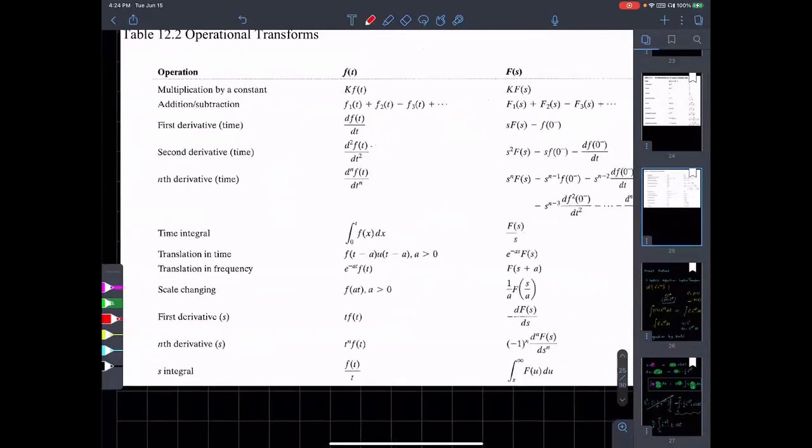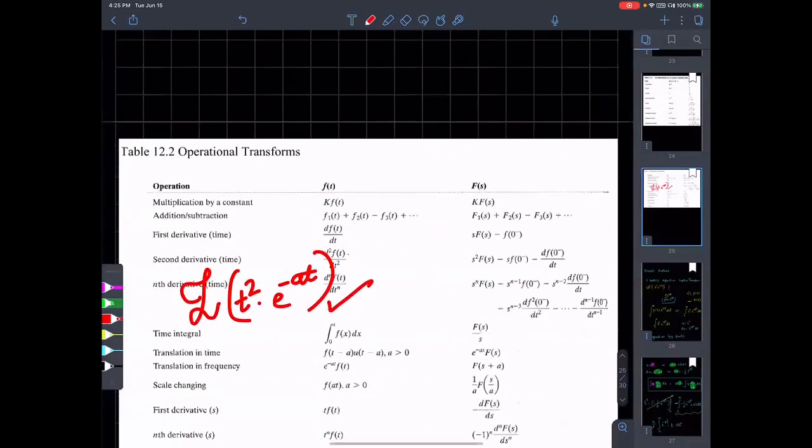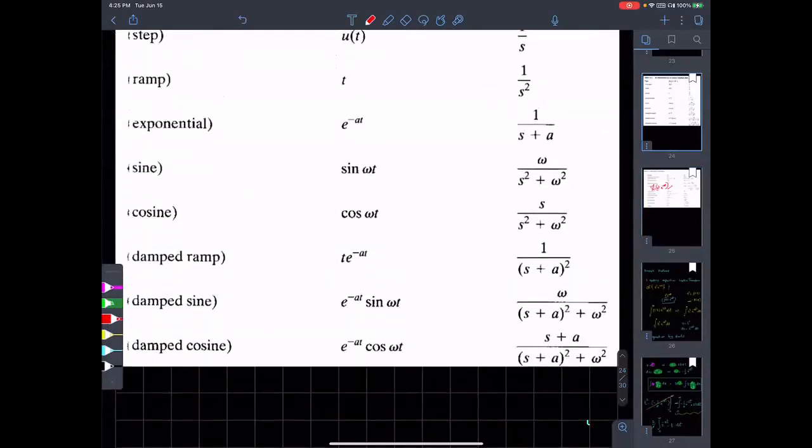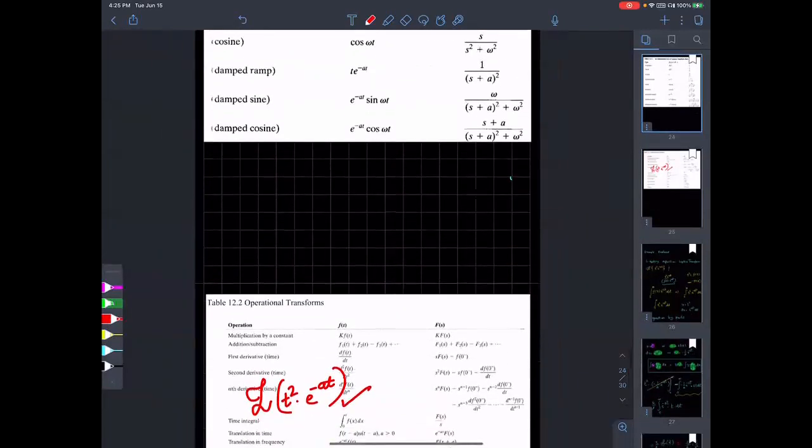You're asked to find the Laplace transform of t squared e to the minus at. You can use these two tables, the one above and below. Okay, I'll give you a hint.